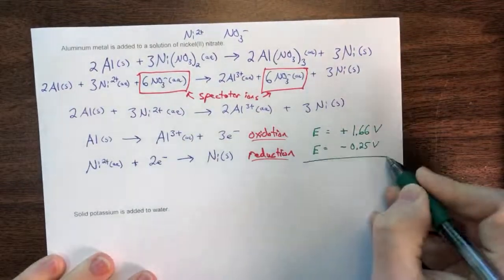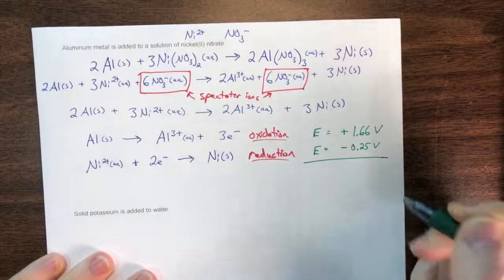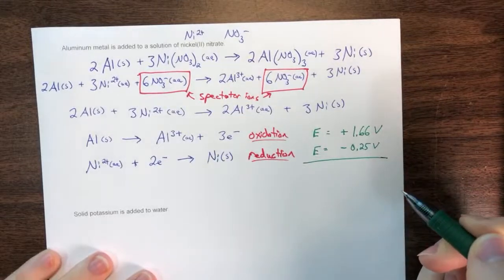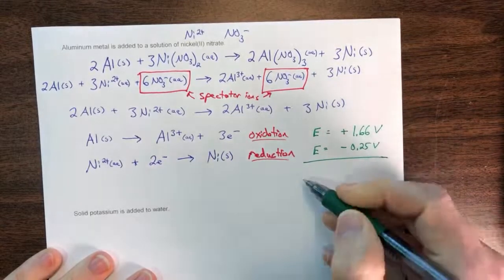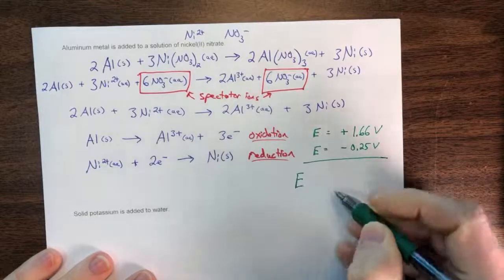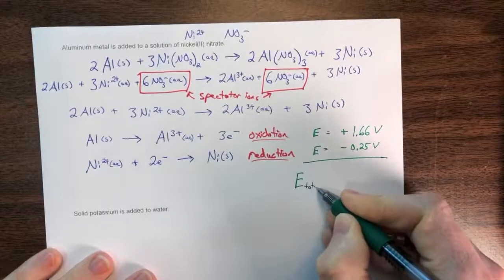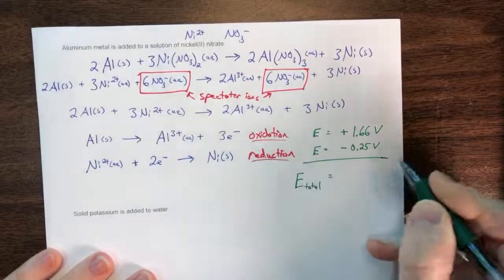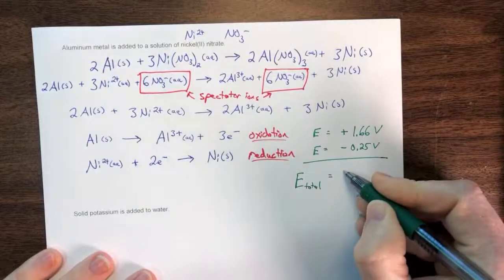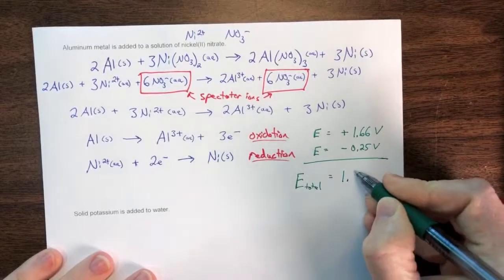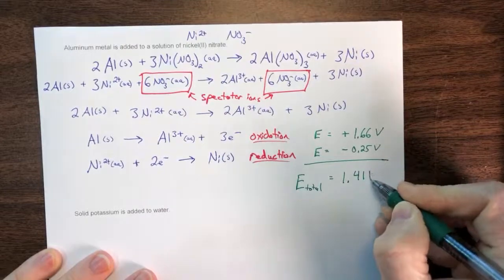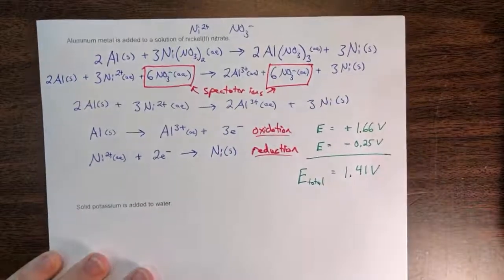So you do 1.66 plus negative 0.25 to get your final answer. And so your total for the reaction is 1.41 volts. It's positive, so the reaction does happen.